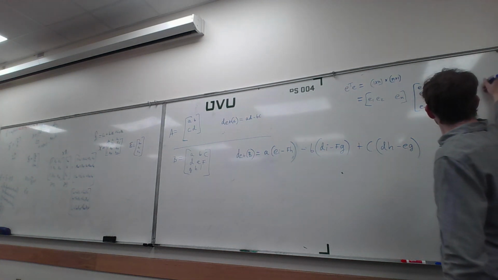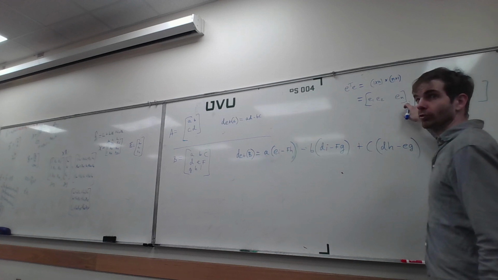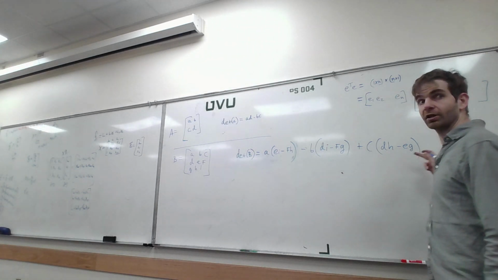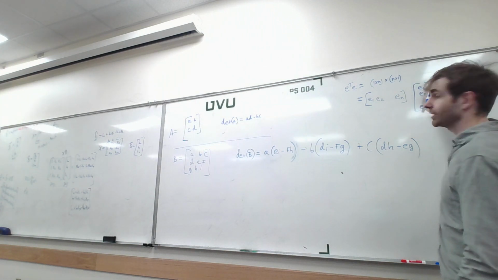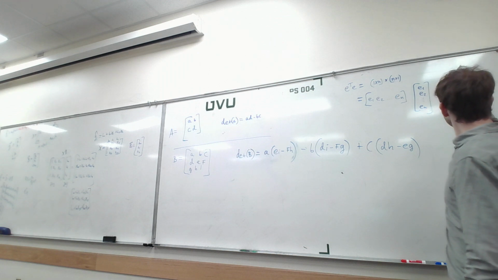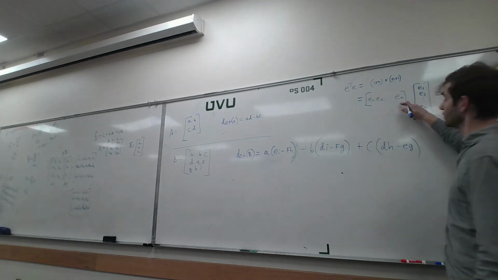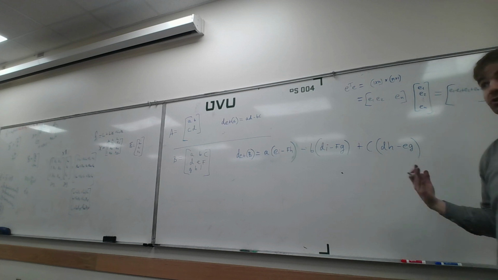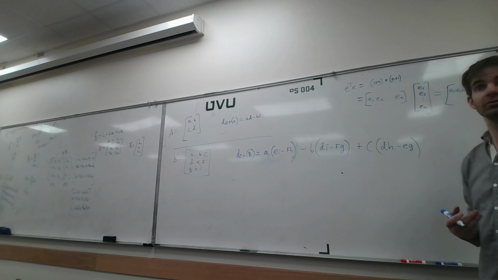Let's think about what that result will be. It'll be this first row vector multiplied, the dot product, by this first column vector, and that'll be it. So it'll be E1 multiplied by E1 plus E2 multiplied by E2, dot, dot, dot, plus En multiplied by En, which quite literally is the sum of the squared errors.